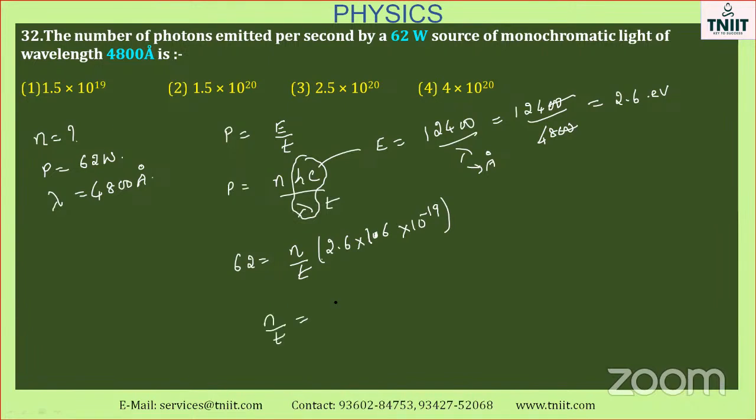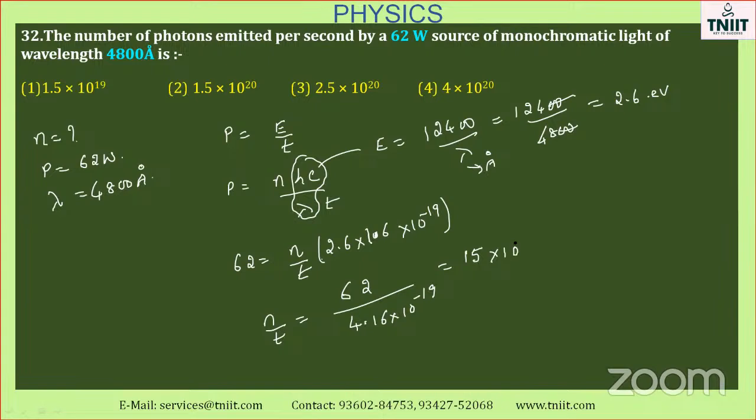If you convert that 2.6 electron volt to joule, you have to multiply by 1.6 into 10 power minus 19. So what is n by t? 62 divided by 2.6 into 1.6. 2.6 into 1.6 is roughly 4.16 into 10 power minus 19. So what is 62 divided by 4.16? It is almost close to 14.9.